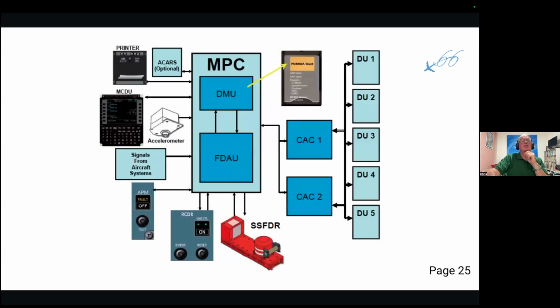Actually, here we have it. It's the MPC. You've all heard of a black box, which is in fact not black, but orange. This is the SSFDR, the solid state flight data recorder. In other words, there's no moving aluminium tape like there used to be in the olden days, where the engineer had to change it every 50 hours. This one is a solid state device which writes and rewrites, and unless anybody pulls the data, it just rewrites and rewrites.